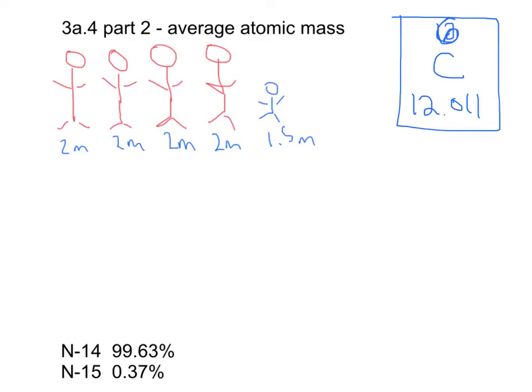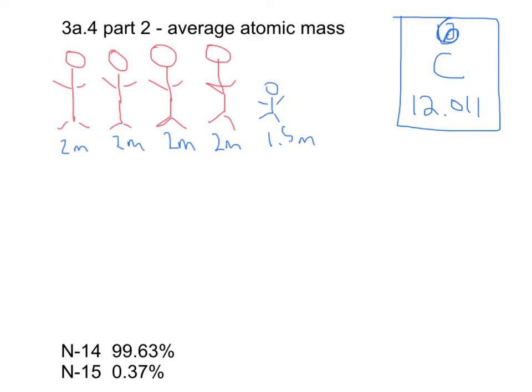So some atoms can have another neutron or two than others, and we call those different numbers of neutrons, or different mass atoms, different isotopes. So what's actually published on the periodic table is an average for all of the naturally occurring isotopes, the ones that are out there in the atoms in nature.